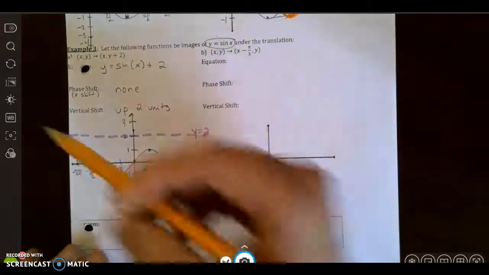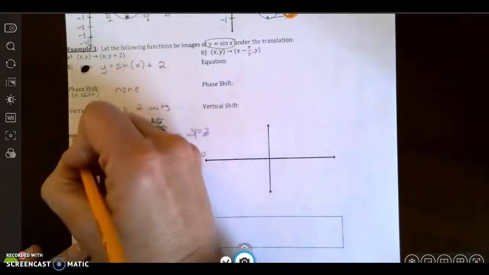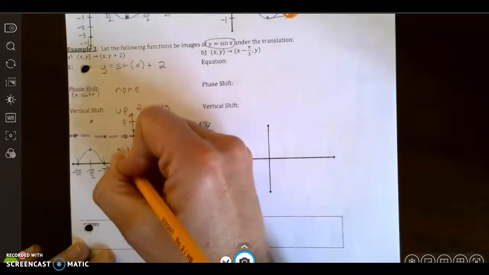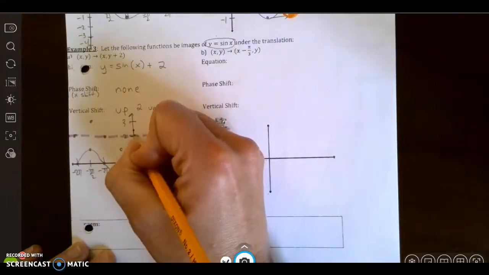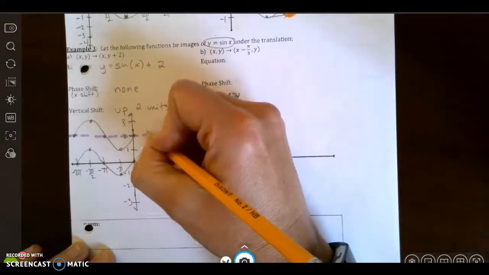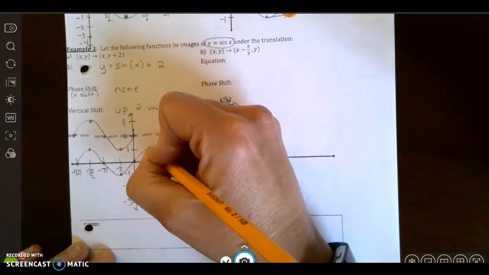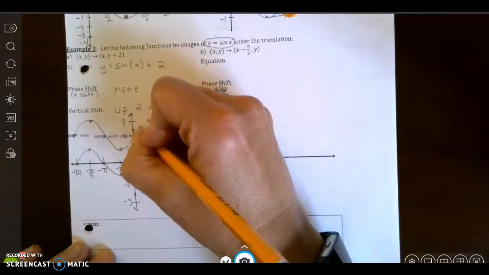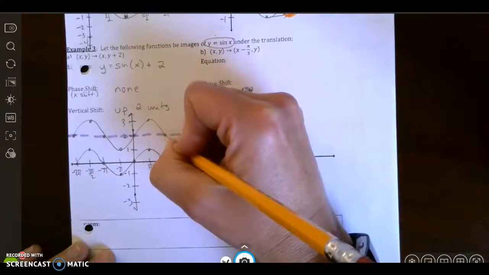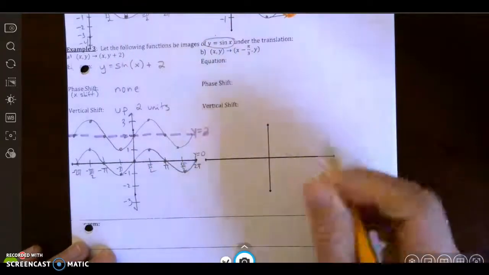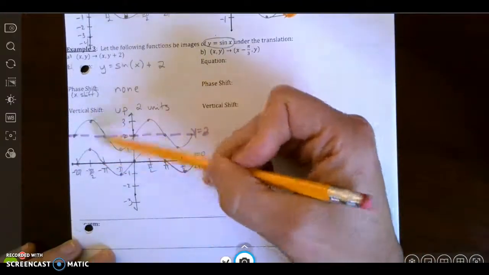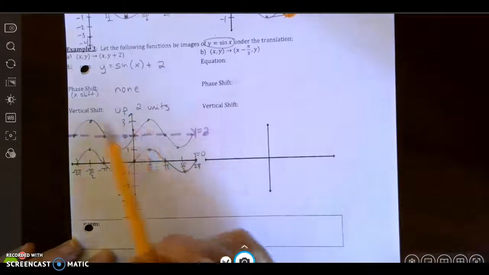And then each point gets moved up 2 units to look like that. Right, so every point got moved up 2 units, and the new axis is at y equals 2.